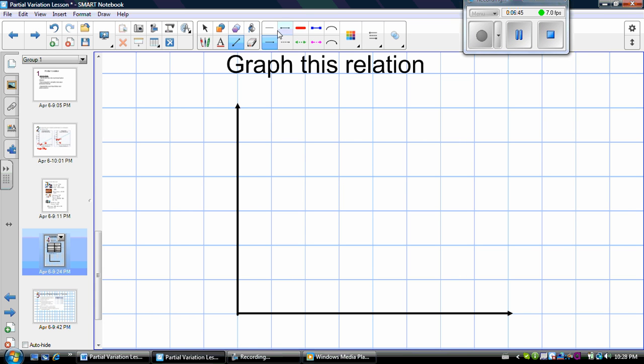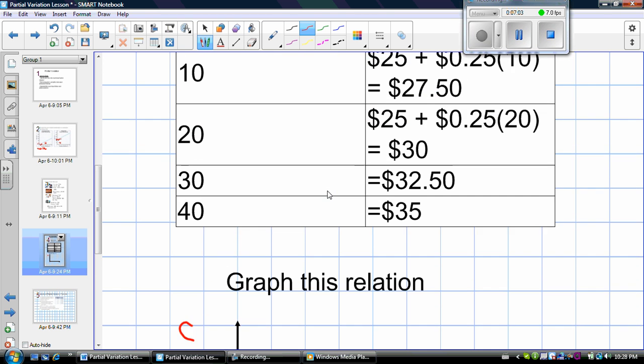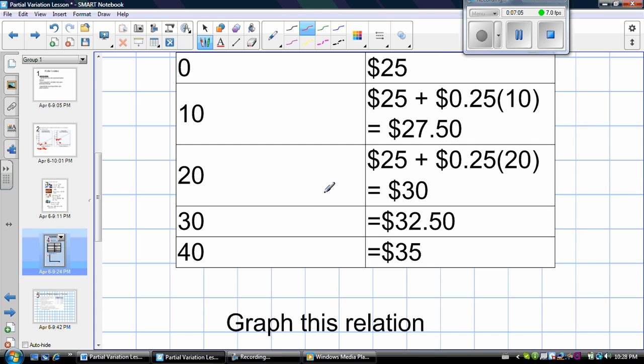Okay. So there's my cost, which is my y. There's my n, which is the number of minutes. Okay, so let me label the graph. I'm going to start at 0, the cost. What does my cost go up? It goes up by 2.50.